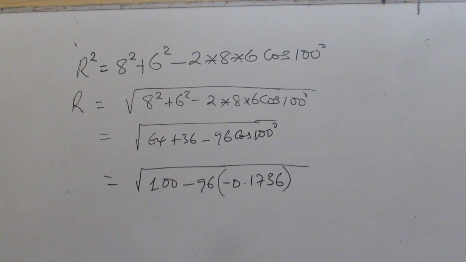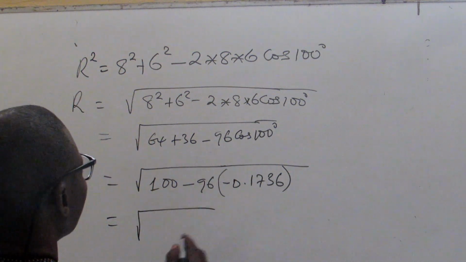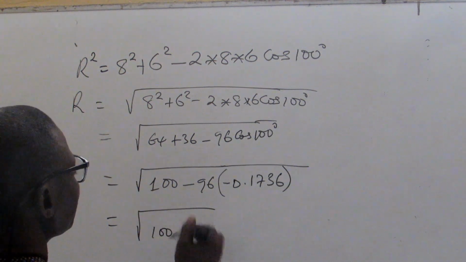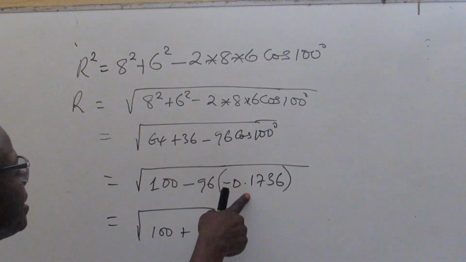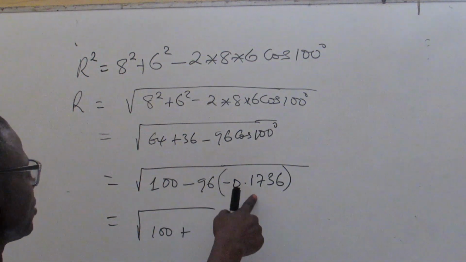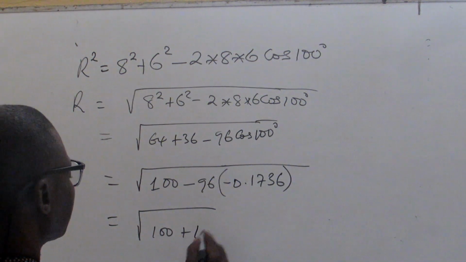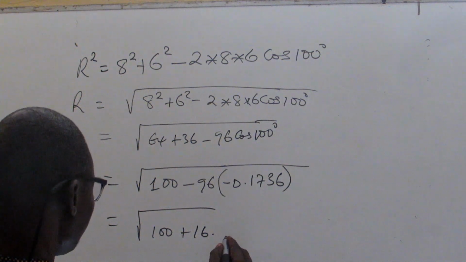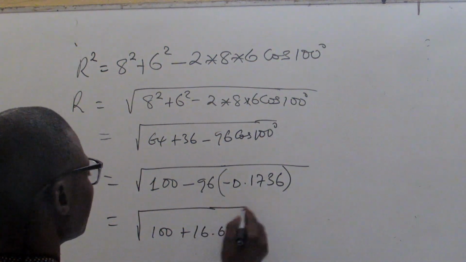Let's multiply it by 96. We have 100 plus, because minus multiplied by minus turns to plus, so we have 16.67.